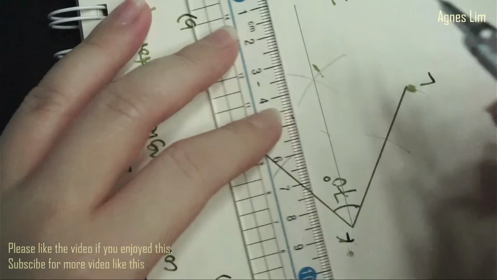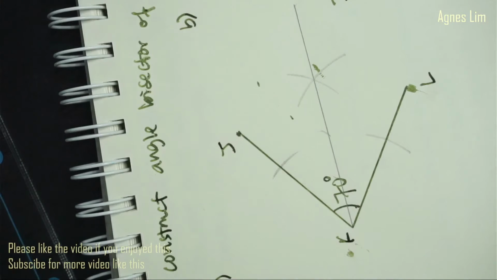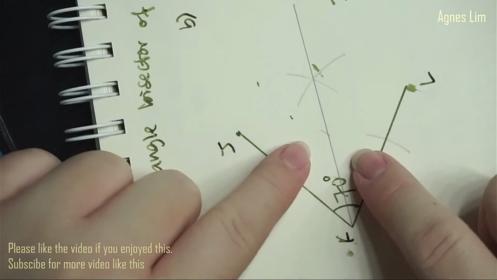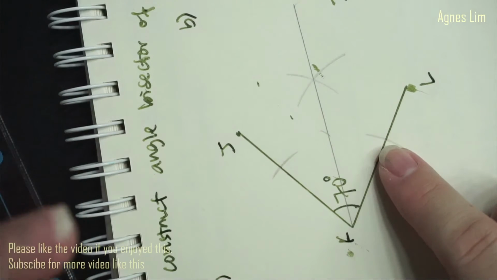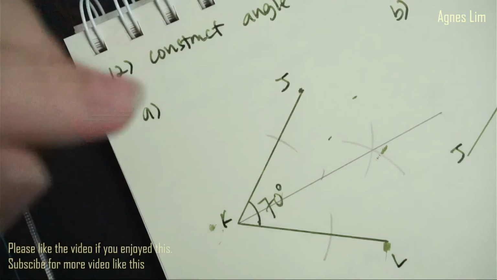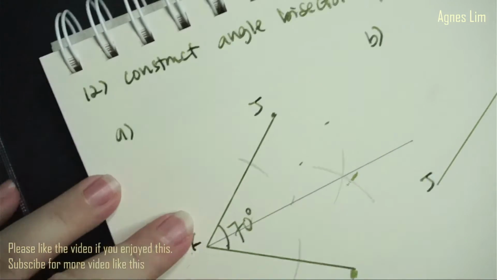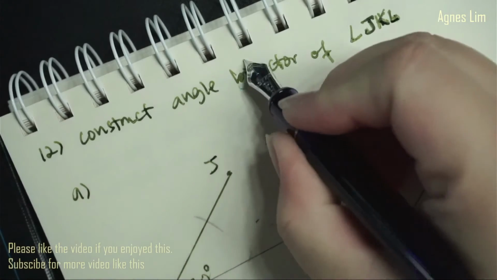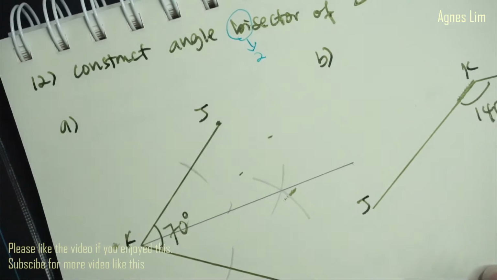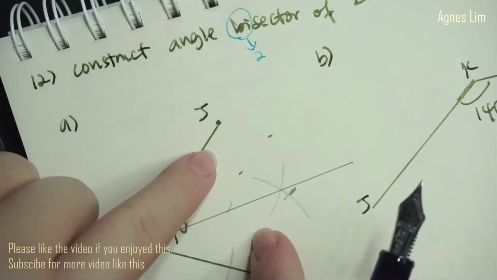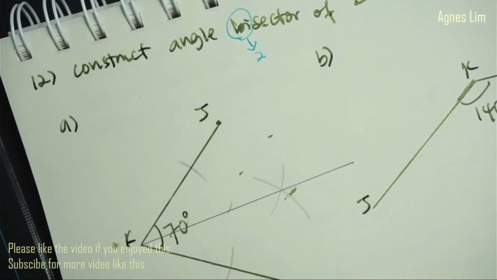Alright, so this is how we create our angle bisector. You can check using your protractor just to make sure that these two sections are equal. Bisector means, bi means two in mathematics, so it means that we are going to create two sectors within JKL.